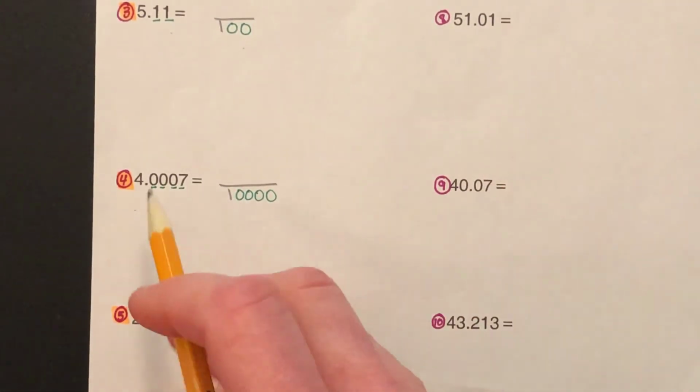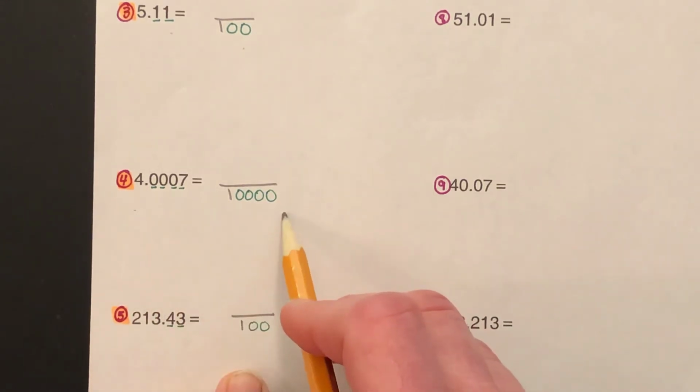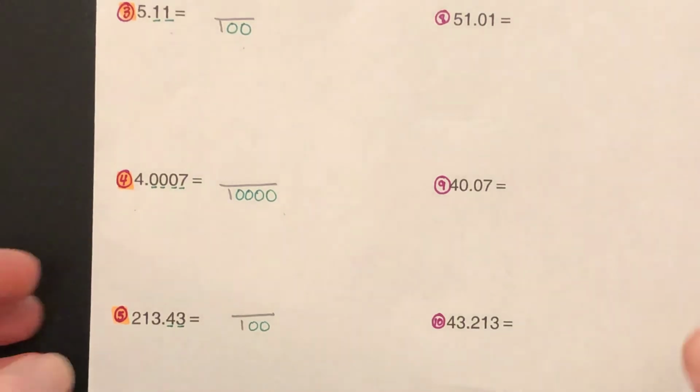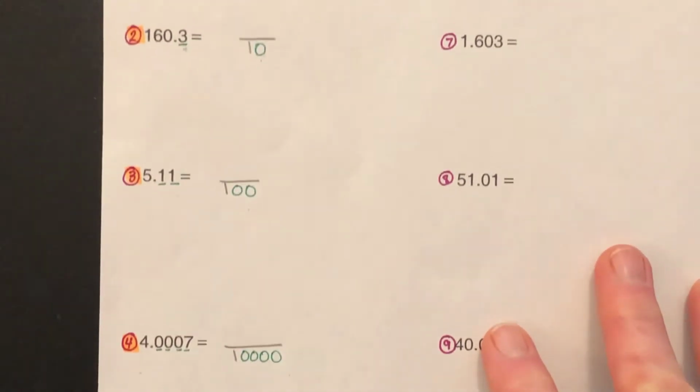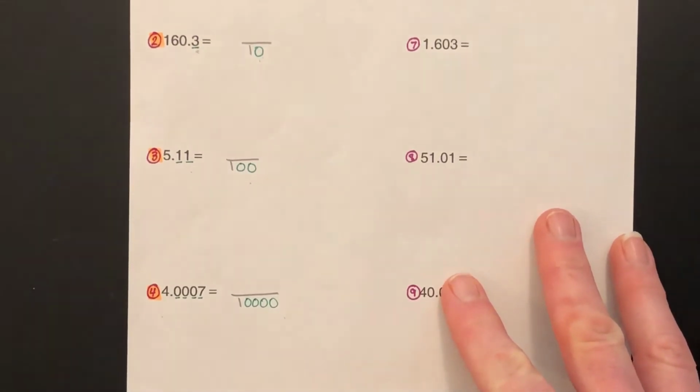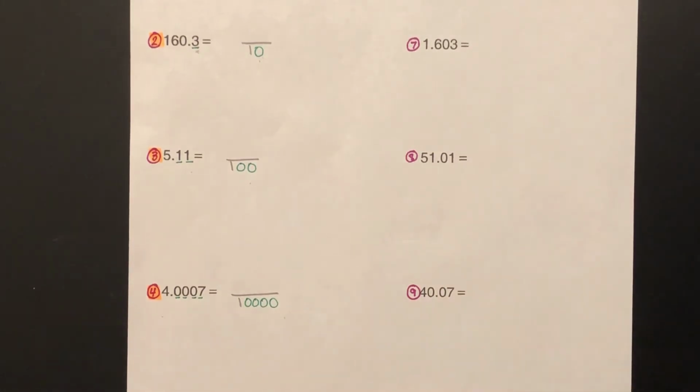Here we've got 4 digits after the decimal, so 4 zeros. 2 digits, 2 zeros. So it's really simple to know how to set it up when you just focus on how many zeros you put. I encourage you to do the same thing on the others if you have any doubts on how many zeros should be in your denominator.